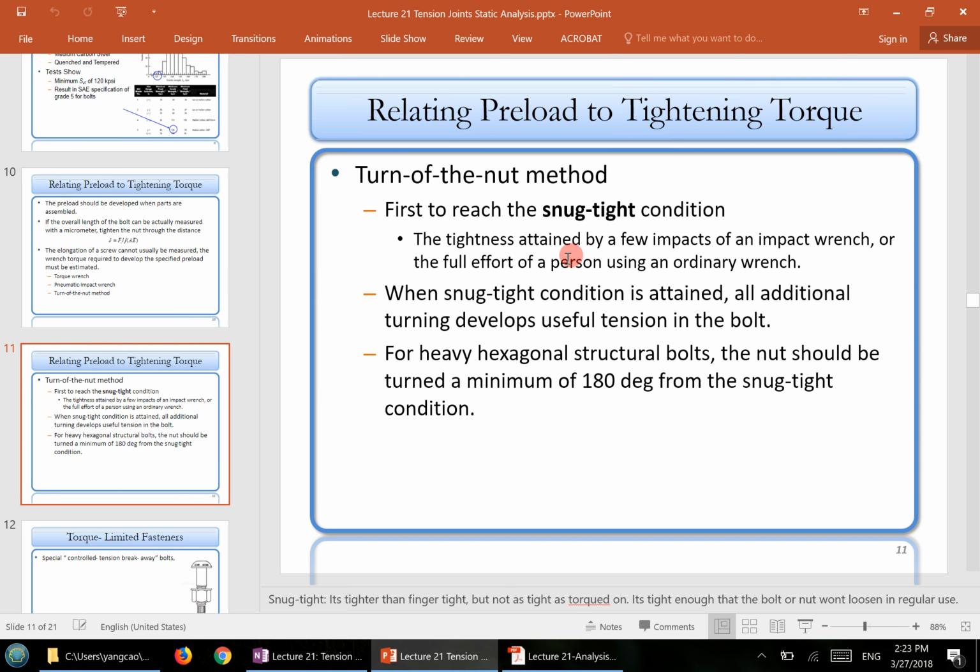Snug tight basically means the tightness attained by a few impacts of an impact wrench or the full effort of a person using an ordinary wrench. When the snug tight condition is attained, all the additional turning develops useful tension in the bolt. If you have a heavy hexagon structural bolt, then the nut should be turned a minimum of 180 degrees from the snug tight condition. So that's when you don't really have any tools, you can use this type of simple approach.